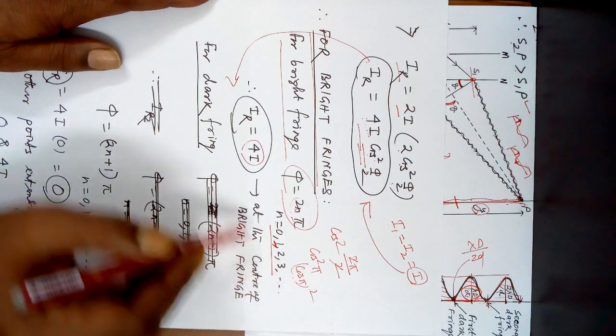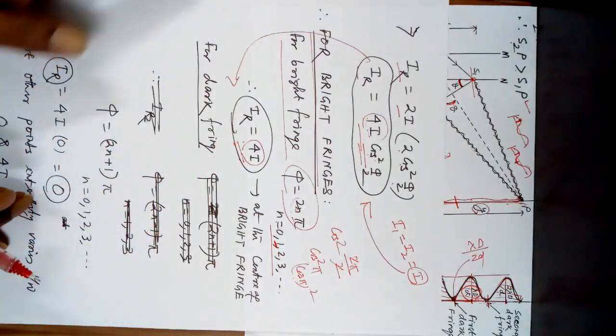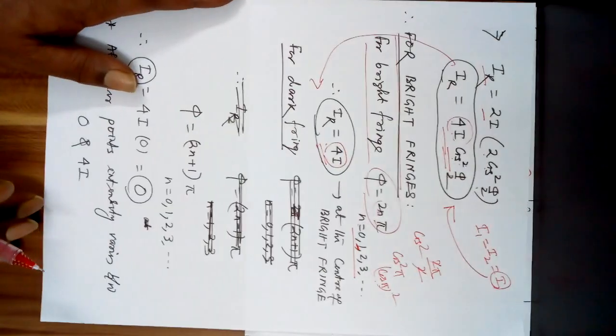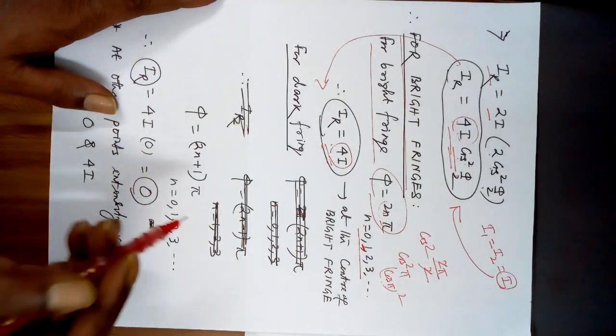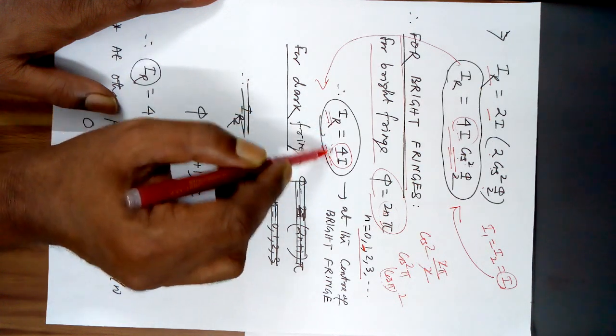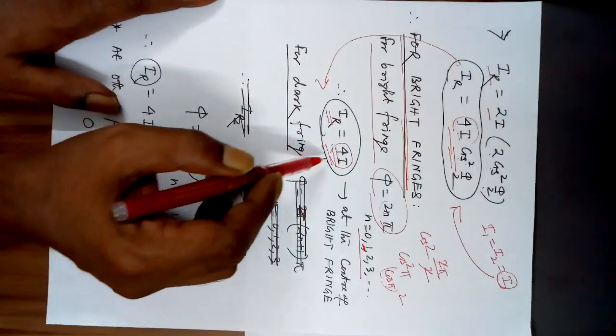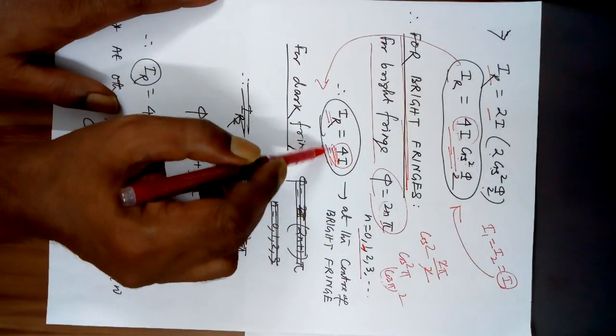Square of this again 1. So 1 into this 4I is 4I. So if the two slits are giving equal intensities, then on interference the resultant intensity is 4I for bright fringes. Means the places where bright fringes were formed, at that point the intensity is 4I.